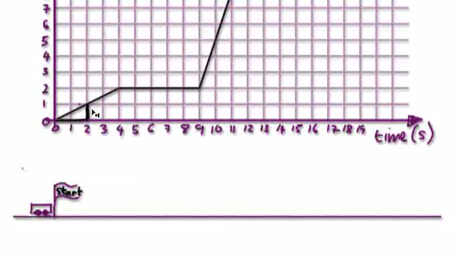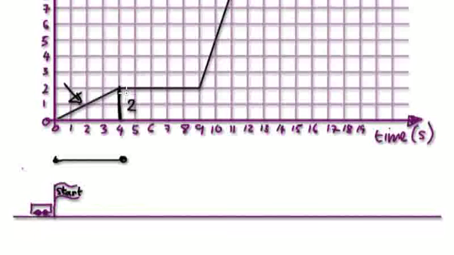So between 0 and 4 here, there's an acceleration because your dad put his foot on the accelerator. But this acceleration here is actually, well, the gradient of this represents the acceleration.